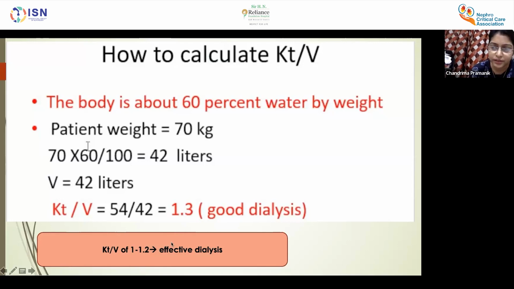Now, according to research, if the KT by V value is around 1 to 1.2, it shows adequate dialysis. And if the KT by V value is less than 0.8, it has been shown to be associated with increased mortality and inadequate dialysis.